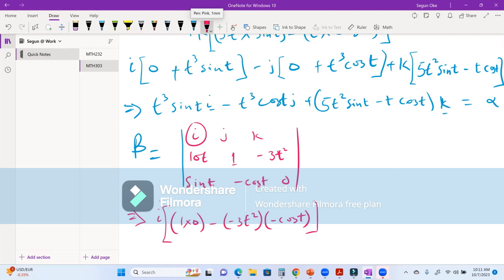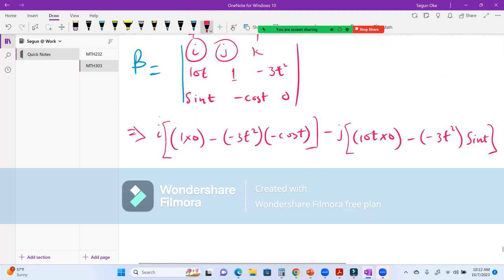So if I pick i, don't forget plus minus j now. If I pick minus j, this will go. So we have what? 10t multiplied by 0 minus 3t squared multiplied by sine t. Then we need to do the k.